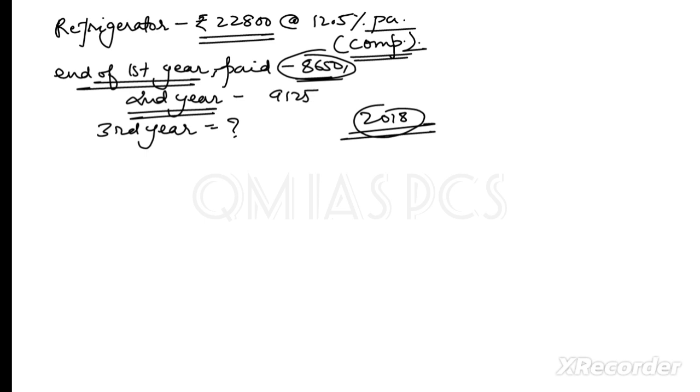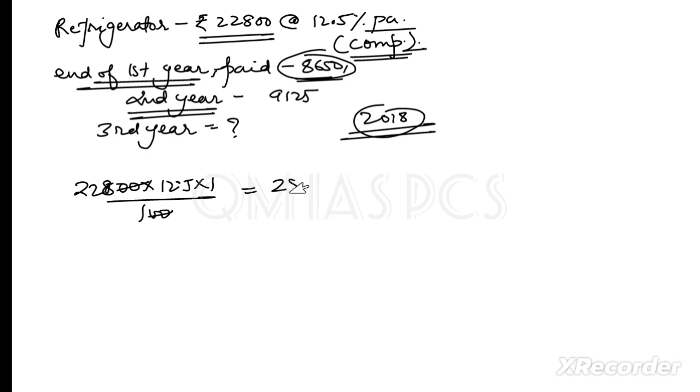So first we have to calculate the interest. Simple interest or compound interest for the first year will be the same. So we can say 22,800 times 12.5, and time period is 1, divided by 100. So how much interest are we getting?